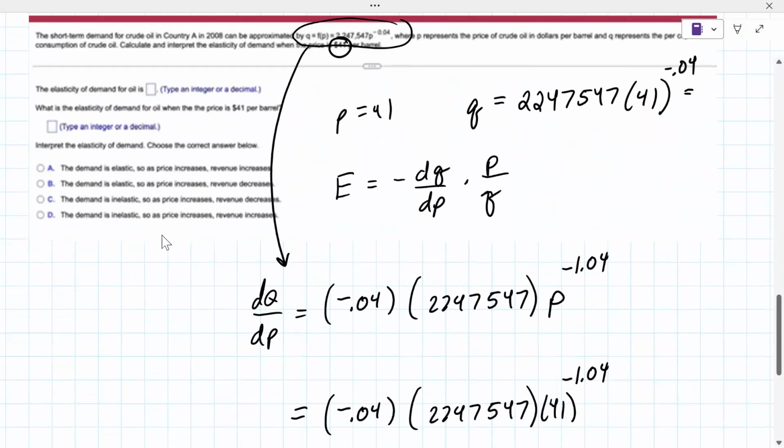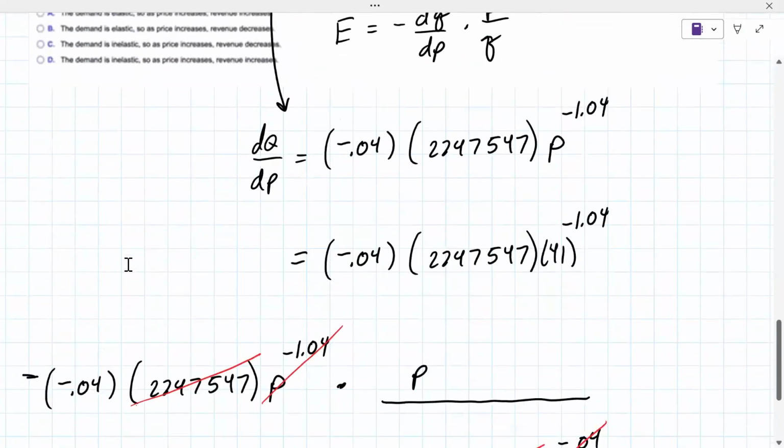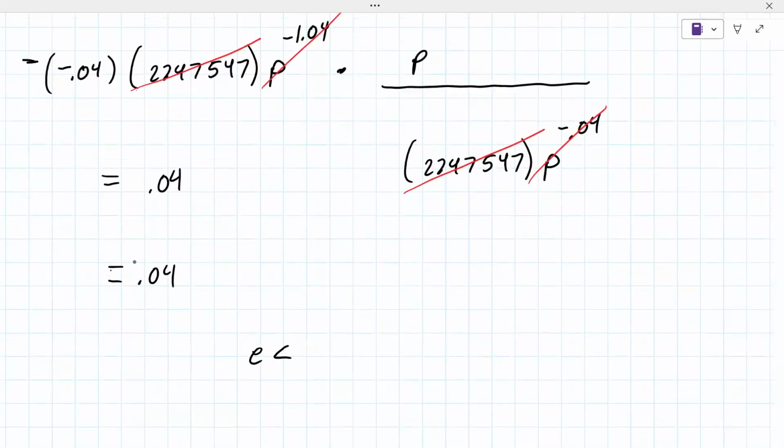All right, so the issue here is that because the elasticity of demand is less than 1, there's some rules for this. And I don't remember them, but if it's less than 1, it's something. If it's greater than 1, something. Let me look for those real quick to give you the answer. All right, so if it's less than 1, it's called inelastic. If it's greater than 1, it's elastic.